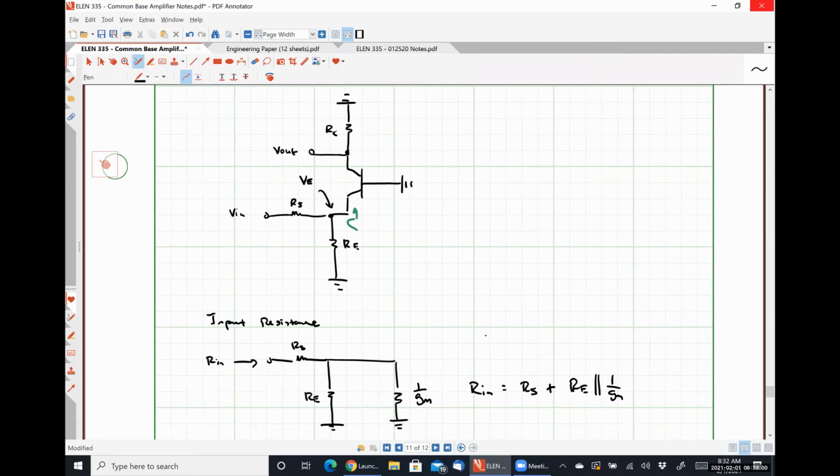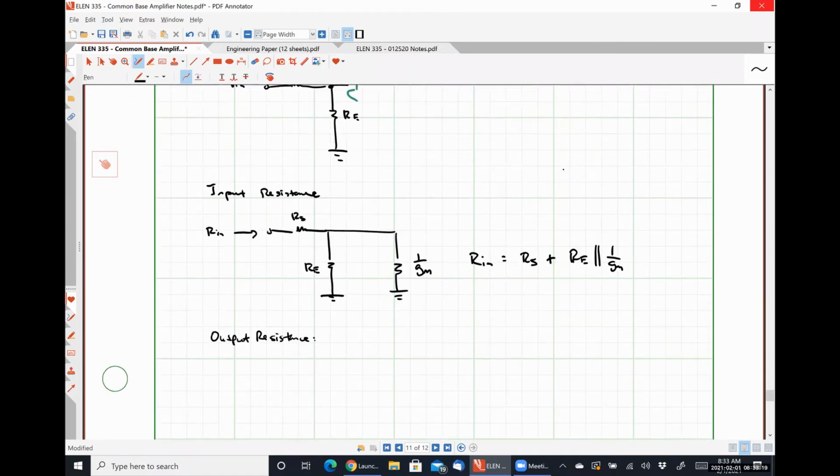So we would have a common base amplifier with emitter degeneration, where our emitter is degenerated by a parallel combination of RS and RE. Which means our output resistance is once again simply RC.